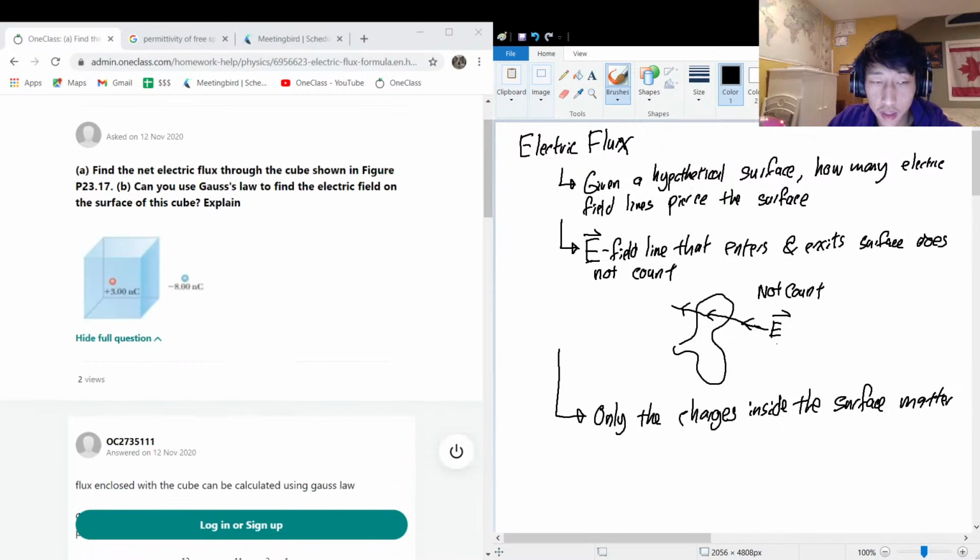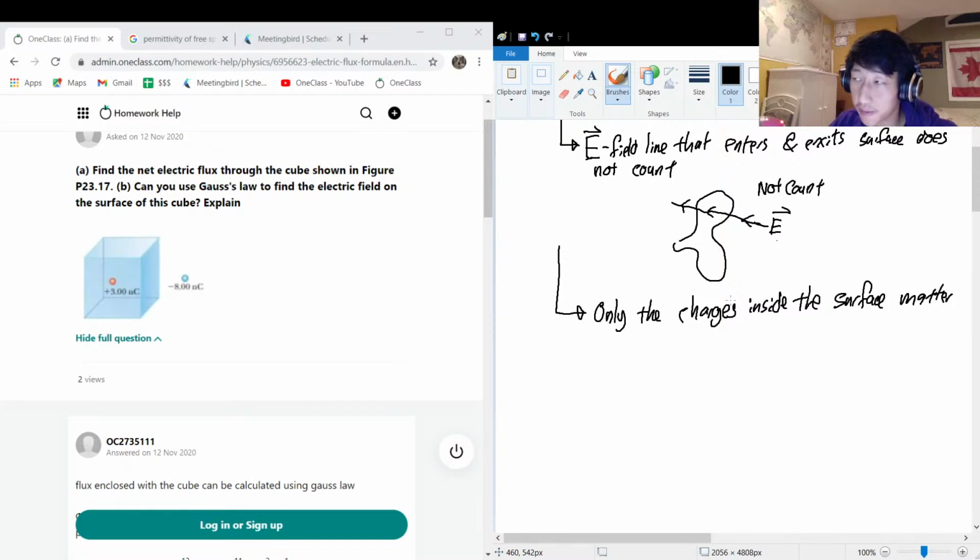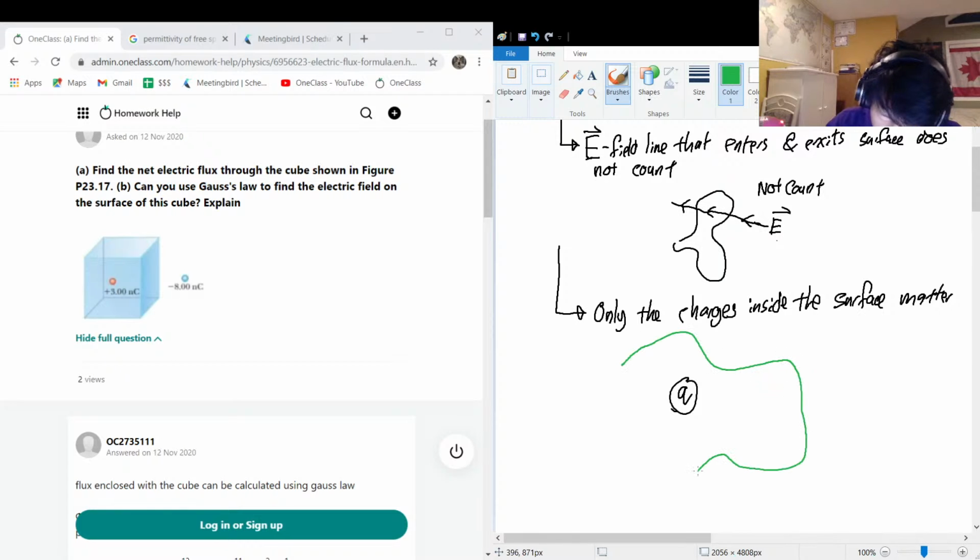Okay, so yeah, the equation that we can use to get the electric flux is as follows, given the enclosed charge. Now, the reason why only enclosed charges matter is, let's say we have a charge, let's call it Q. Q is typically used for charge. And let's say our surface is green. It doesn't matter if it's like a cube, a circle, or like a potato chip bag.